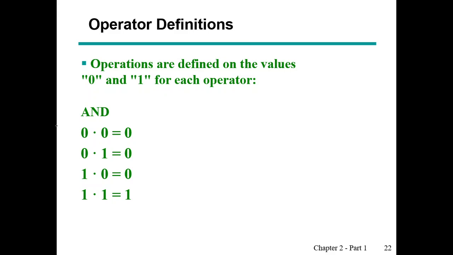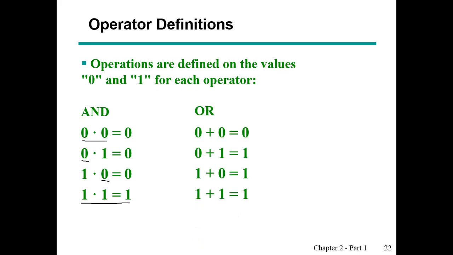So this is AND. What is AND? AND is basically if any of the inputs is 0, the output is 0. So here both inputs are 0, output is 0. Here this one is 0, it drives the output to 0. Here this one is 0, it drives the output to 0. And only when both are 1, the output is 1. This is OR. When any input is 1, the output is 1.